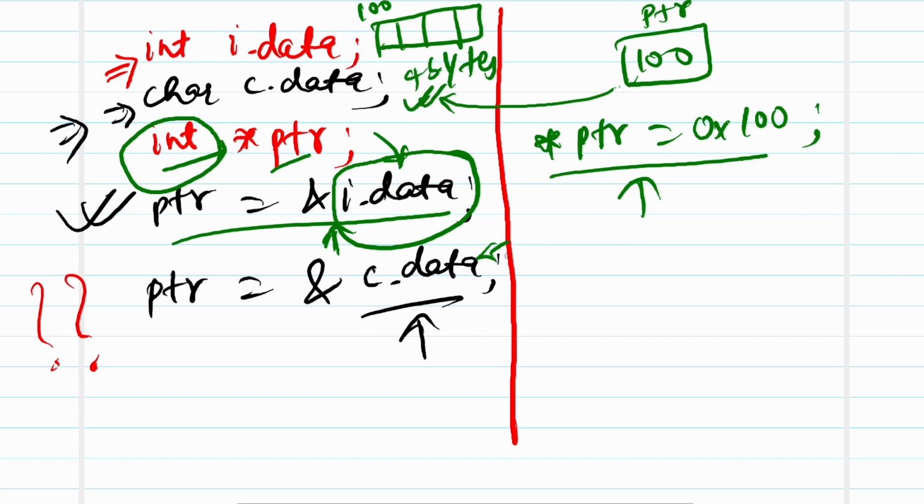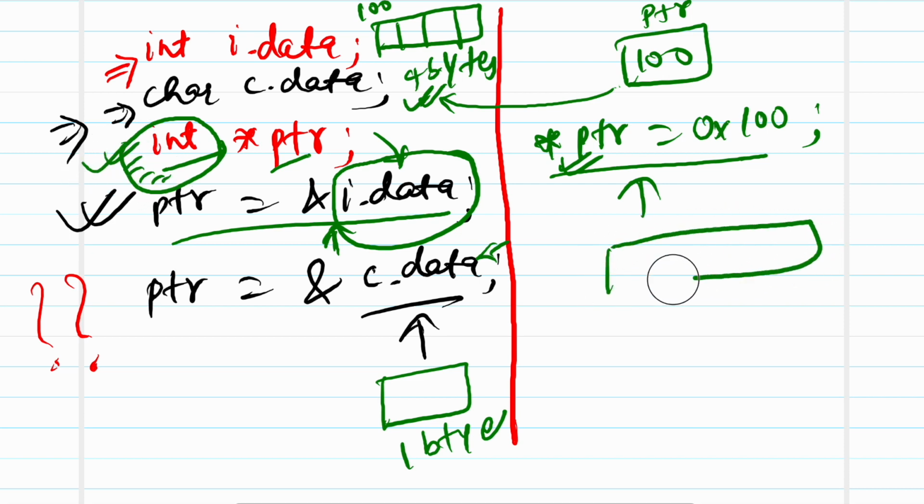But in this scenario, this character variable has a size of just 1 byte, and our pointer ptr is 4 bytes because it is of integer data type. So when we do dereferencing, it will still try to update 4 bytes on the memory location. But what is the size of this character? Just 1 byte. So we'll have a conflict here.